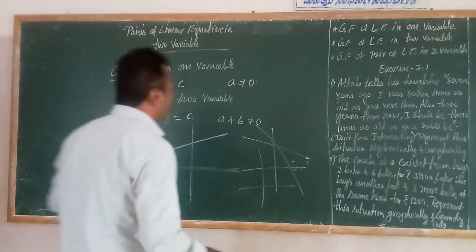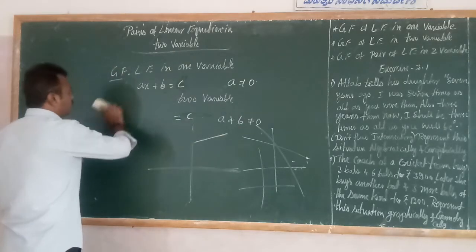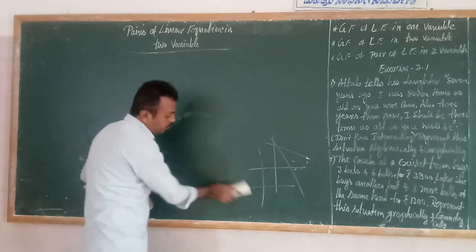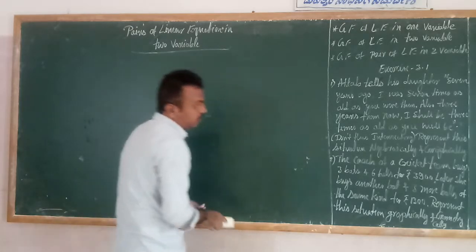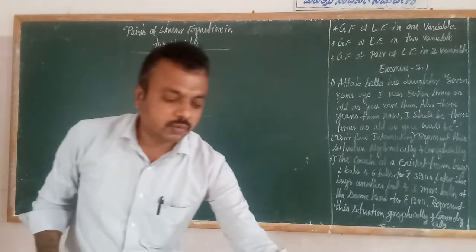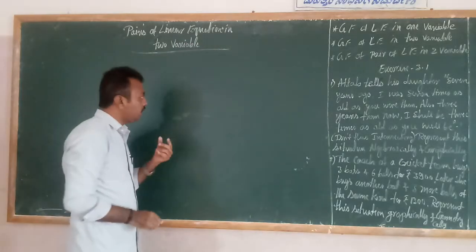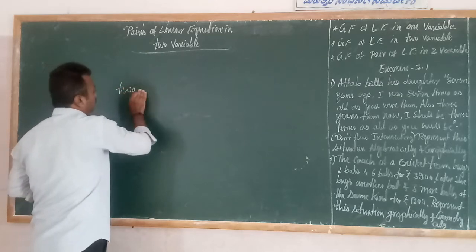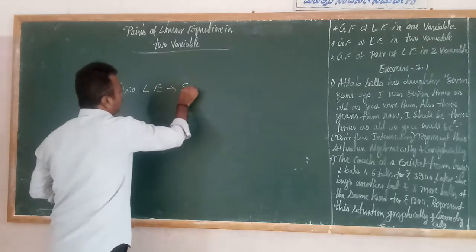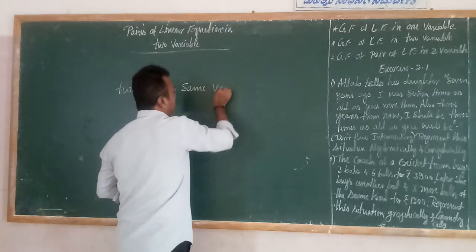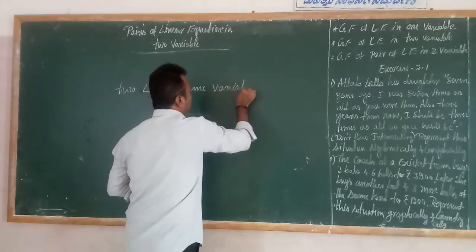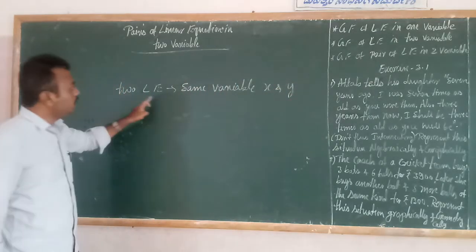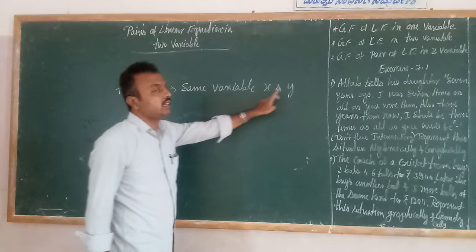Now, pair of linear equations in two variables. What do we mean by a pair of linear equations in two variables? See students, pair means how much? Yes, pair means 2. So two linear equations are in the same variables, x and y.